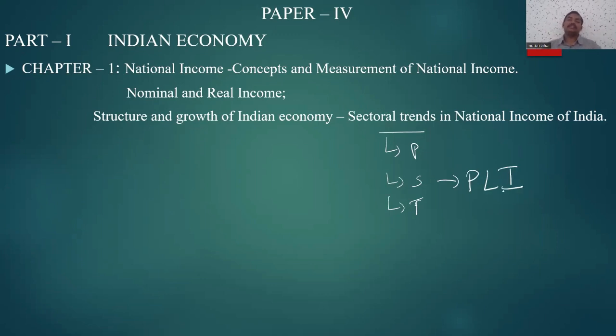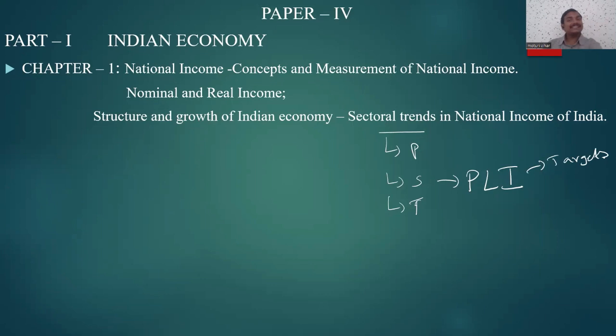Production linked incentive. So government said clearly, you increase the production in a way that you get incentive. They placed targets. After placing the targets, they told the companies to reach these targets.